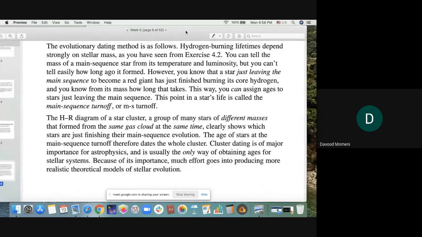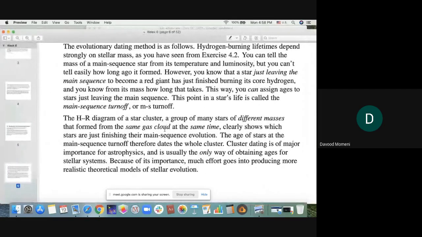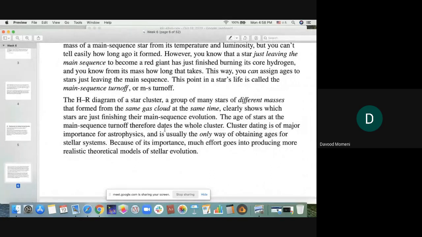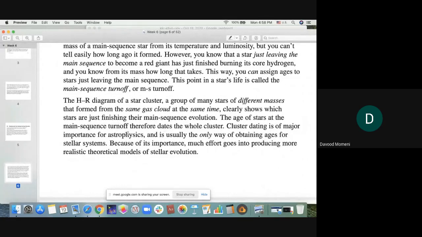In Hertzsprung-Russell diagrams, a group of stars actually are collected and formed according to the same structure of the gaseous structure. It's about the material from which the stars are made.